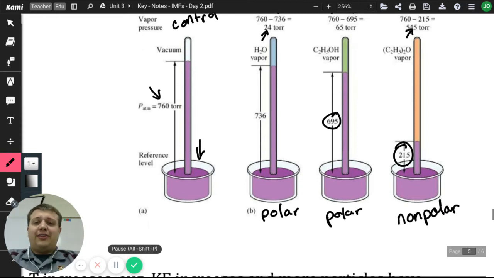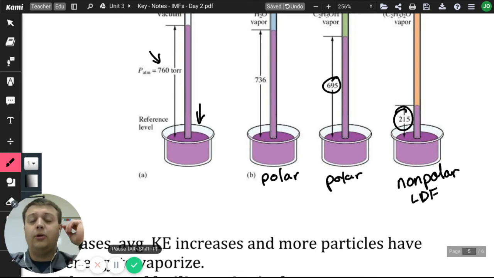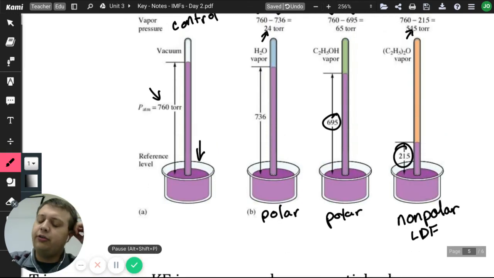All right, now since that's nonpolar, let's take a look at this. The only type of IMF exhibited is going to be LDF. Okay, so we know that if I've got LDF, it tends to be the weakest IMF. And so if we've got a low IMF, we've got a high vapor pressure. And so that's actually what we see here with this diethyl ether. Okay, so diethyl ether, we've got a low IMF, so our vapor pressure is very high.